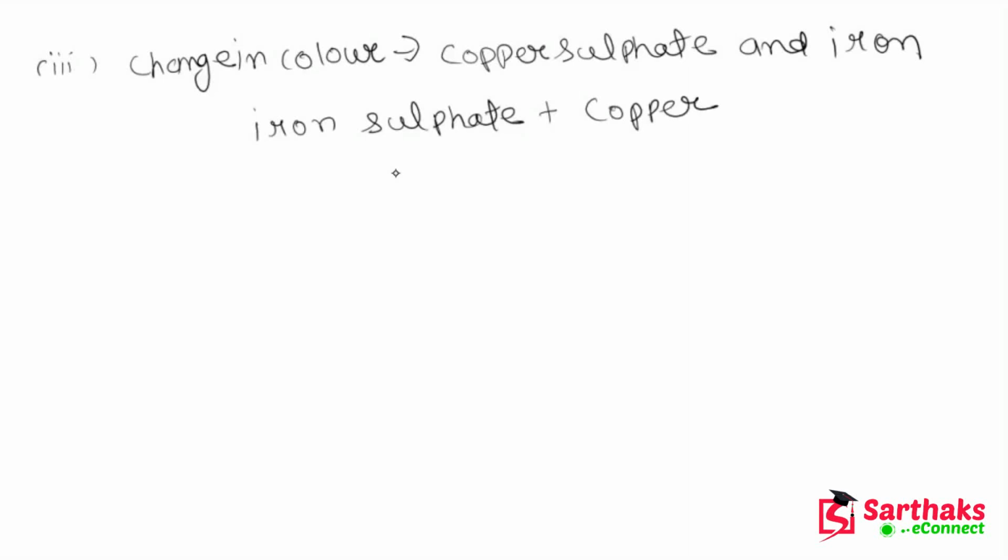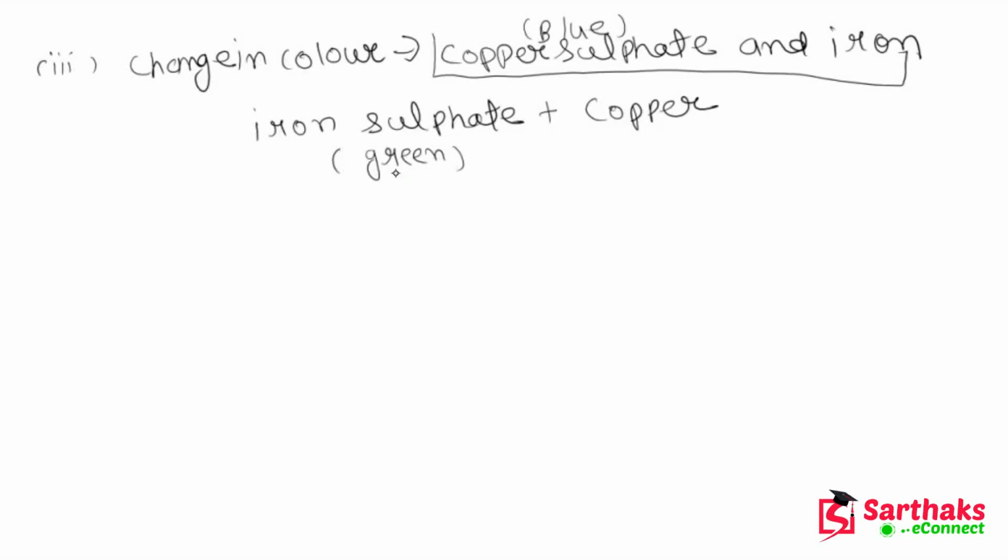So basically guys, the color of copper sulfate is blue. But the color of iron sulfate is green. So these are the substances which were reacting, and here the color of this substance is blue, but after the reaction it changes into green.